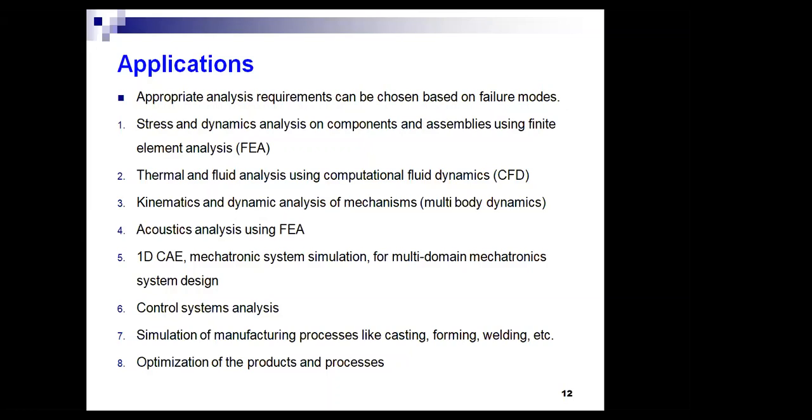Combining these optimization techniques with numerical analysis will help to understand the mechanisms and to optimize the performance of the system. It will yield the optimized product at the concept level itself.